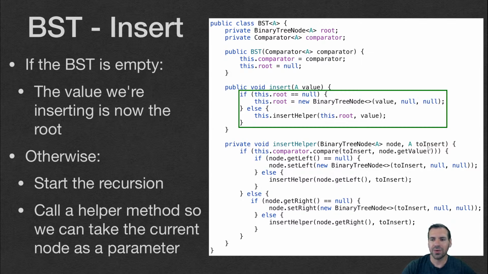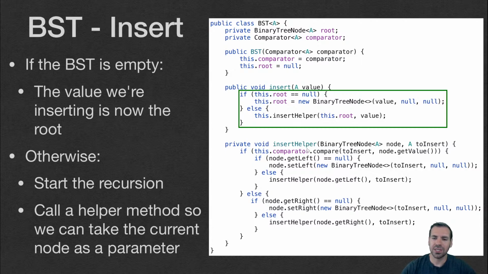If I know the node and the value I want to insert, that's all the information I need, and then I can start making recursive calls on different child nodes as I go down the recursion to traverse this tree and find a home for this value that I'm trying to insert. So I want a second parameter, which is going to be the node I'm currently visiting, which starts at the root. So if the root's not null, start at the root, forward the value. Value is just going to keep being forwarded to each recursive call, and start the recursion.